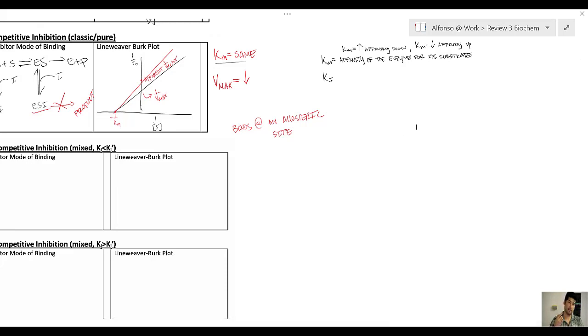Ki is the inhibitor concentration at which the velocity has achieved 1/2 of the maximal inhibition velocity. So Ki is equal to the affinity of the enzyme. So it's a property of the enzyme again for its inhibitor.